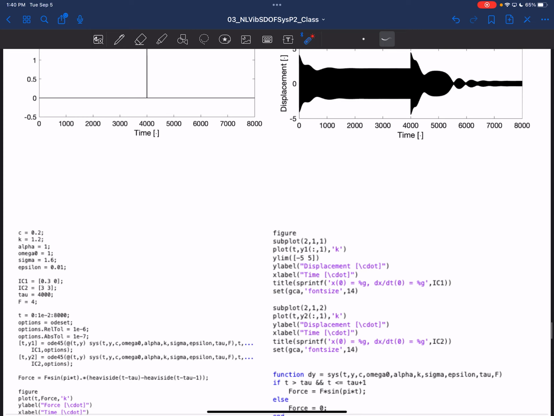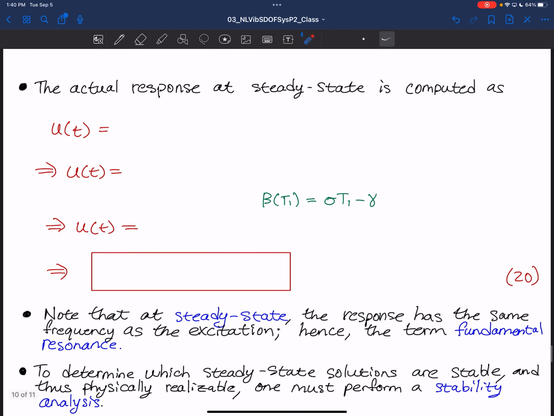Okay, any other questions? We've got about 5 minutes, and we're going to finish by computing the actual response of the system. In this case, we have some u0 of T0, T1, plus order epsilon.